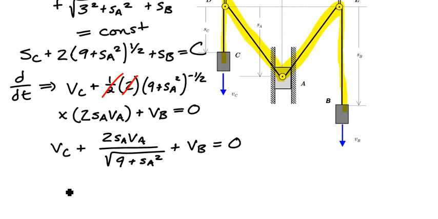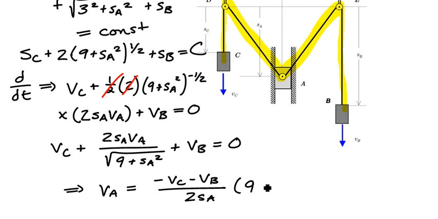And so if I do that, I'm going to get from here that VA is going to equal minus VC minus VB, divided by 2 SA, times 9 plus SA squared to the 1/2 power.